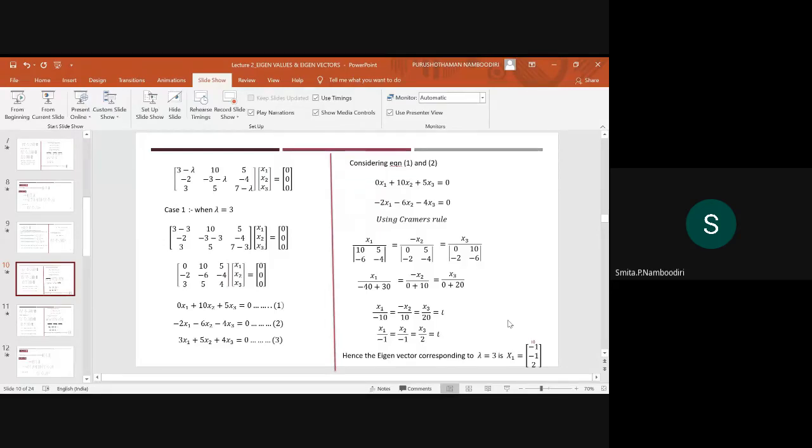So minus 40 plus 30, 0 plus 10, and 0 plus 20. We will have minus 10, 10, 20. You can cancel minus 10 throughout, or 10 throughout, and get the first eigenvector. Is it okay? Minus 1, 1, 2, or 1, minus 1, minus 2 can also be taken. That is fine.